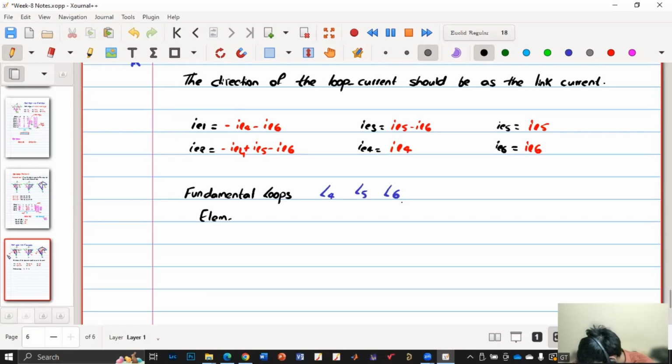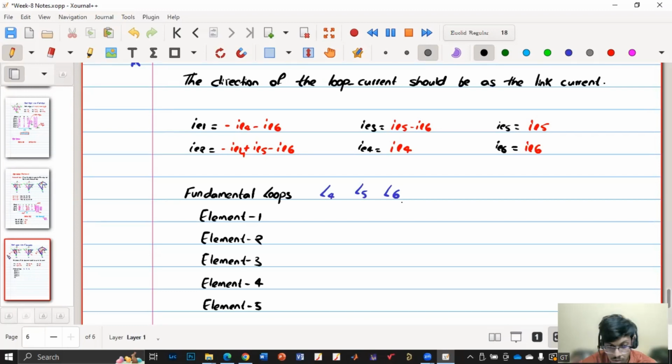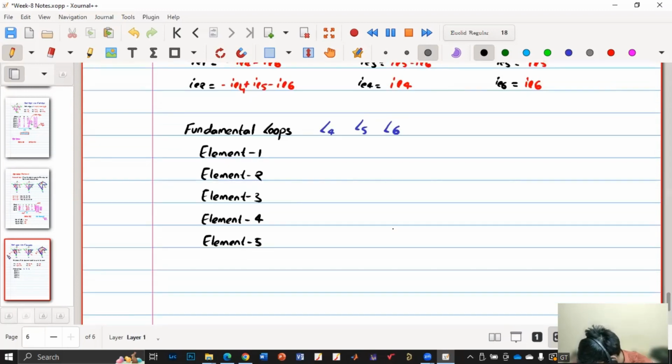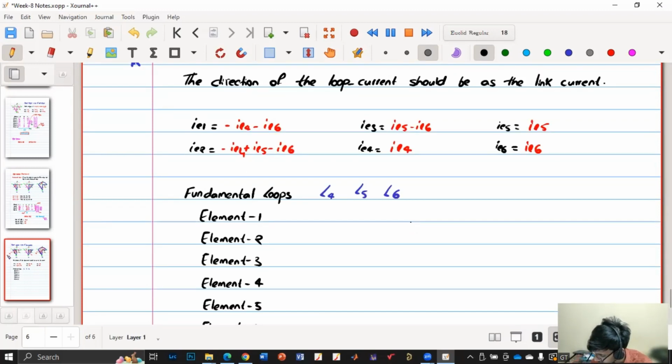So element 1, element 2, element 3, element 4, element 5, then element 6. Okay. So IE1 has 1, 0, minus 1.